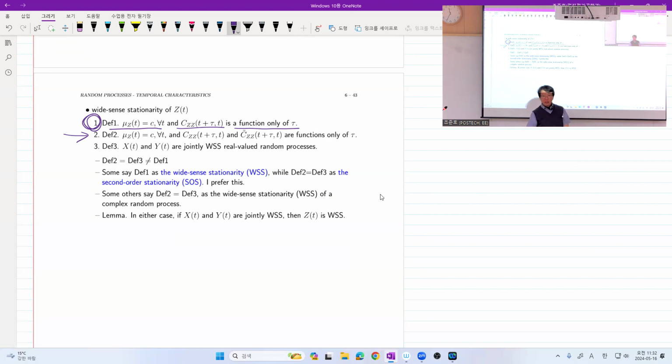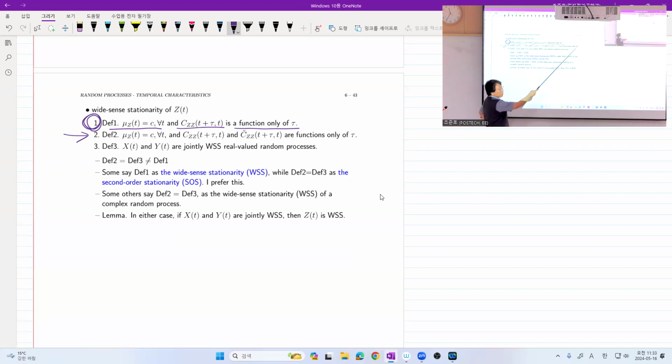In that case, the joint stationarity, if you apply it to x of t plus j y of t, then you have not only the autocorrelation or autocovariance, but also the complementary autocorrelation and autocovariance functions only of time difference.